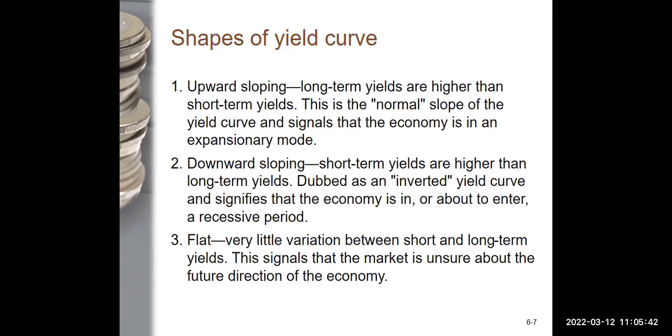And this signifies the economy is about to enter a recessive period. So you can have a situation where your economy actually is not responding well, or it is not doing well.